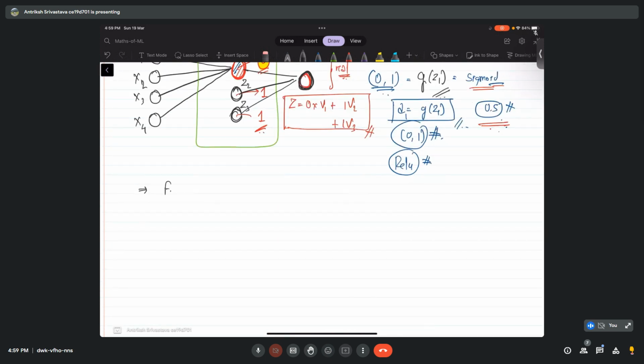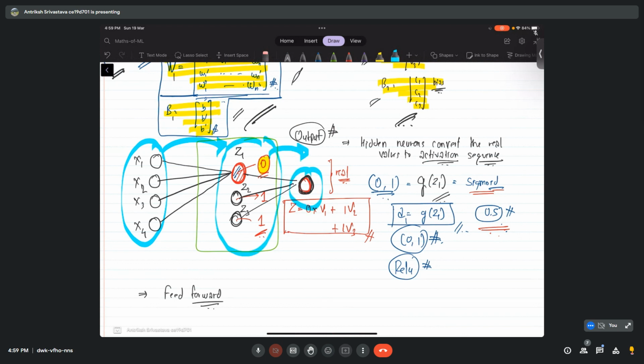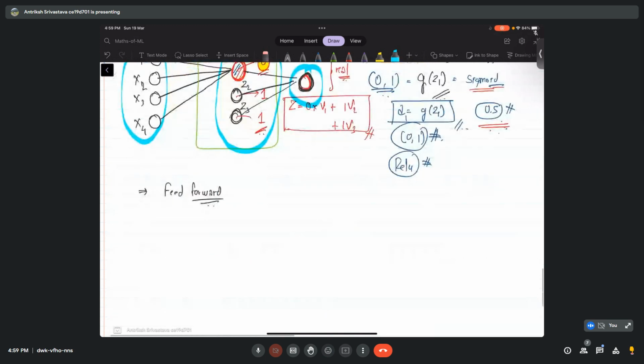Because you can clearly see that first we gave the value of our input, then we went forward and calculated the values in the hidden layer, and then we went forward and calculated the value in the output layer. So it's a kind of forward propagation that is happening. That is called a feed forward network. And there is something called back propagation.